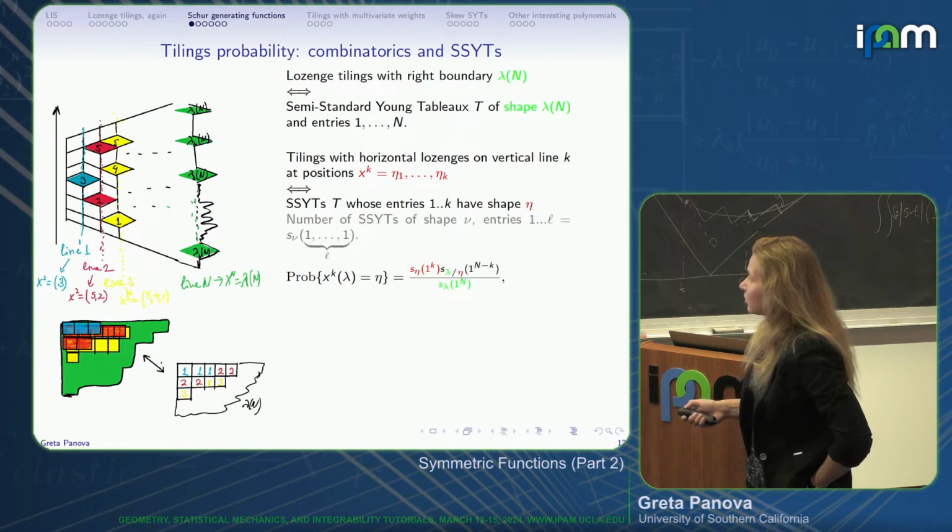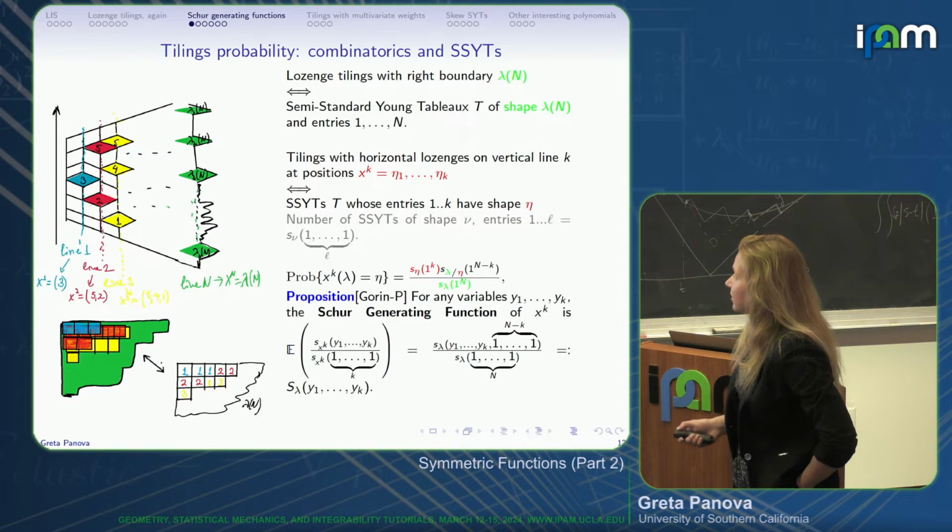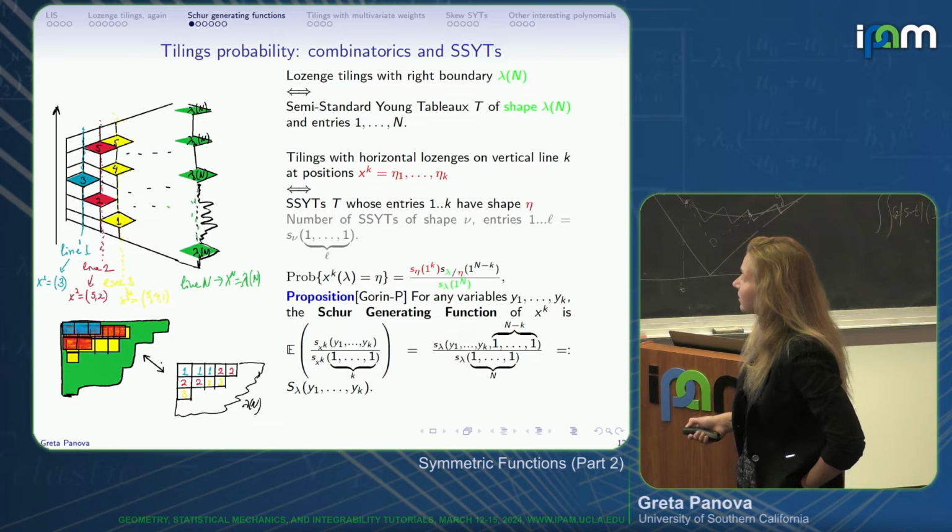OK, so now we are moving on towards more algebraic methods. So now we're going to do something funny. We're going to take the expectation of the following function. So y1 up to yk are just variables. Our random variable is going to be this nu, which in this case I denote xk.